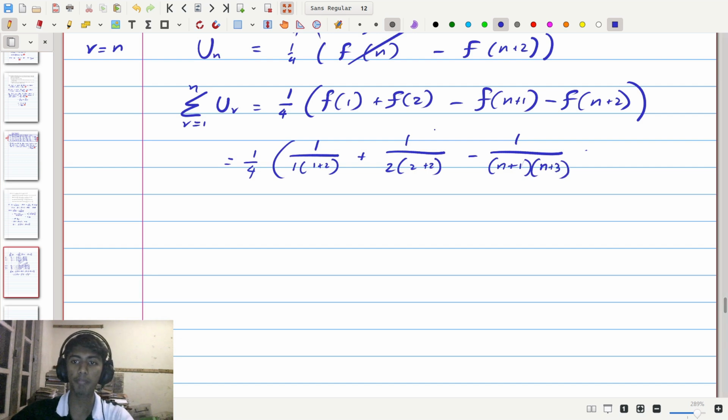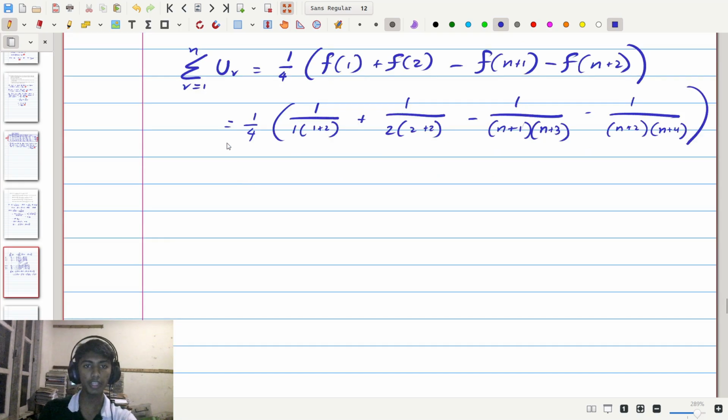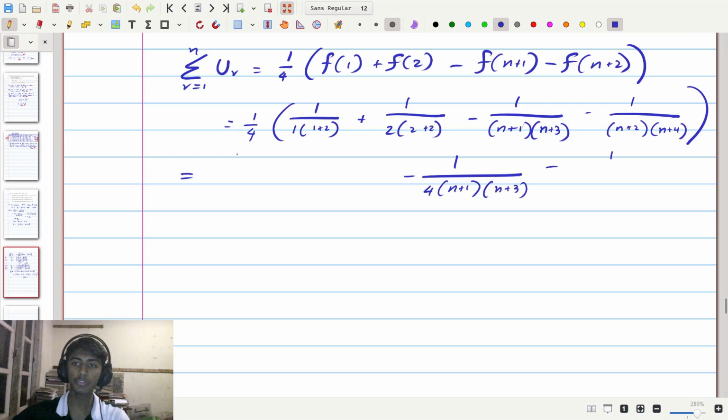For the next one, we have minus 1 over, and then we have n plus 2, which is r, and n plus 2 plus 2, which is n plus 4 over here. So we have this. Now, considering this, we can distribute the 1/4 here, and we'll ignore this part for now, go to this part and have negative 1 over 4 times n plus 1 times n plus 3, and minus 1 over 4 times n plus 2 times n plus 4.